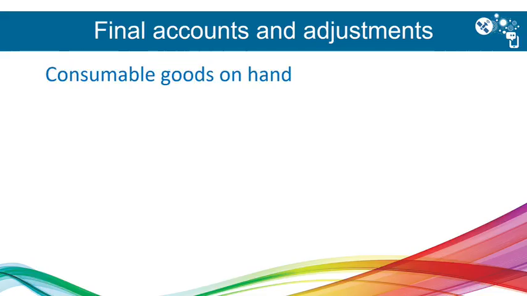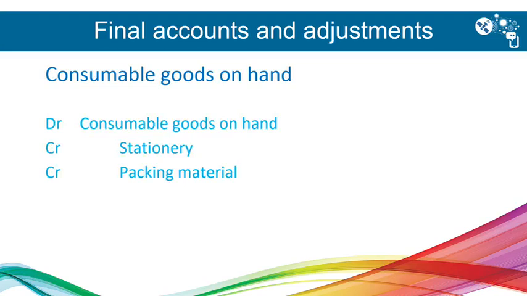Consumable goods on hand, we create an asset. Consumable goods on hand becomes an asset, and we credit stationery and packing material, because this is what we have left at the end. We know these are expenses, so it will influence the owner's equity. This is an asset that increases. We know assets equals owner's equity plus liabilities.